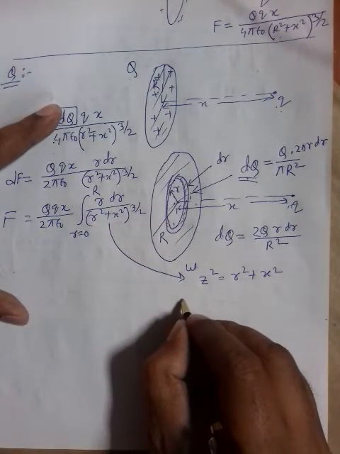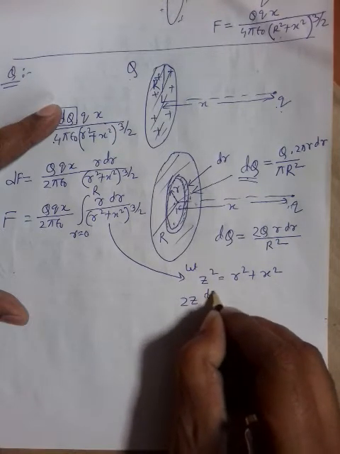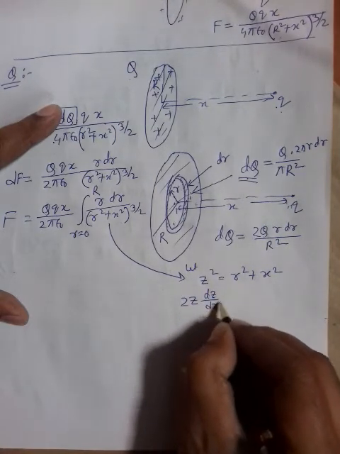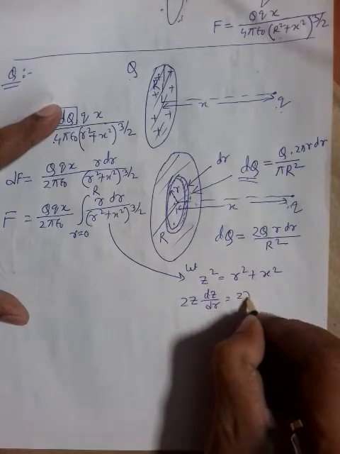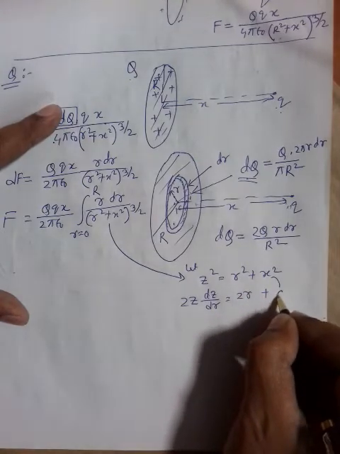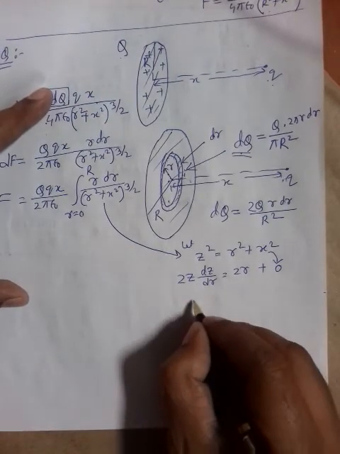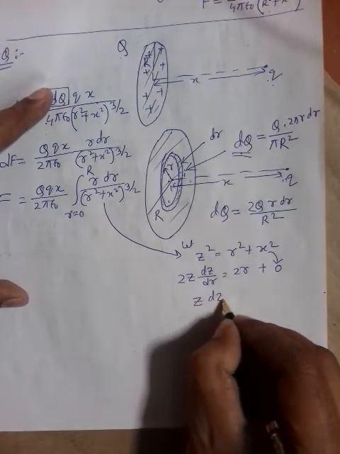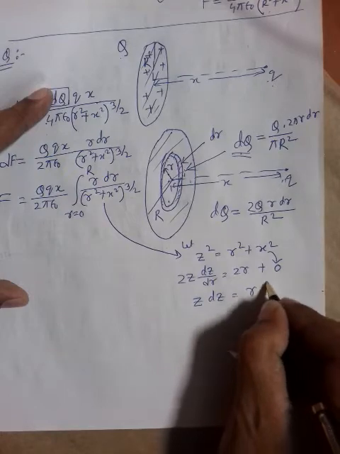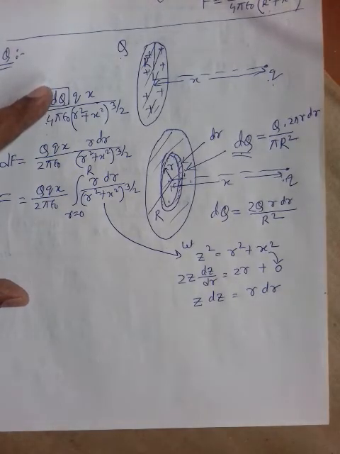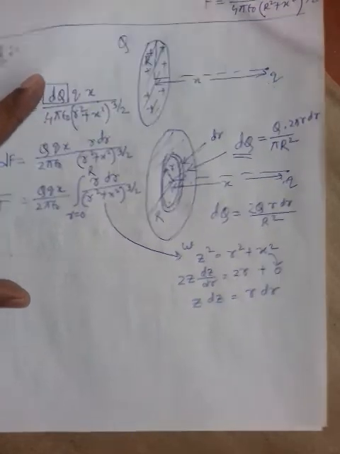Let me differentiate with respect to r. So twice z dz by dr. This is r square, differentiation twice r. This x is a constant, differentiation 0. So the 2 here and 2 here cancel. Z into dz is nothing but r into dr. I hope this step is clear.